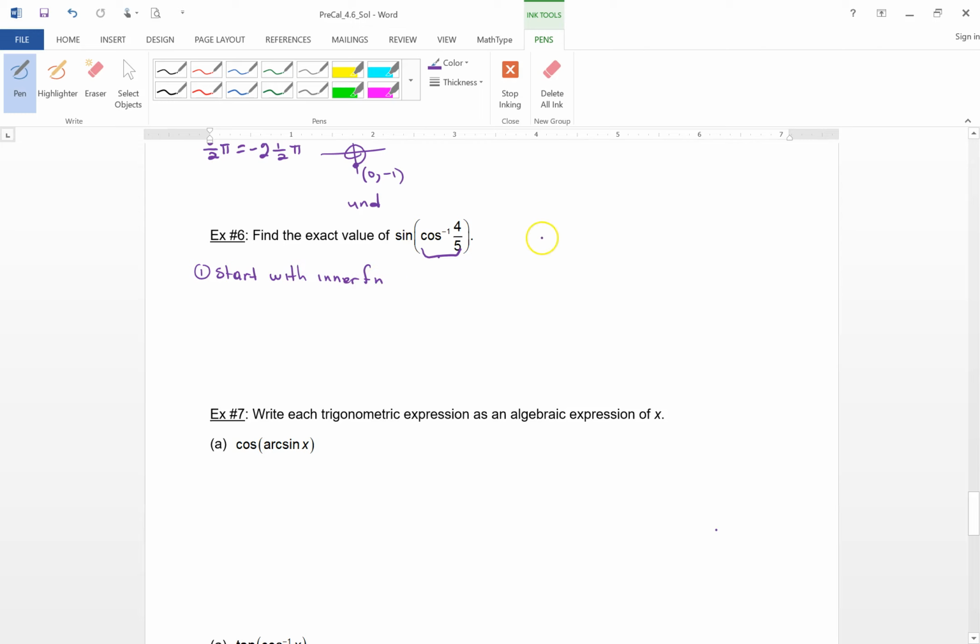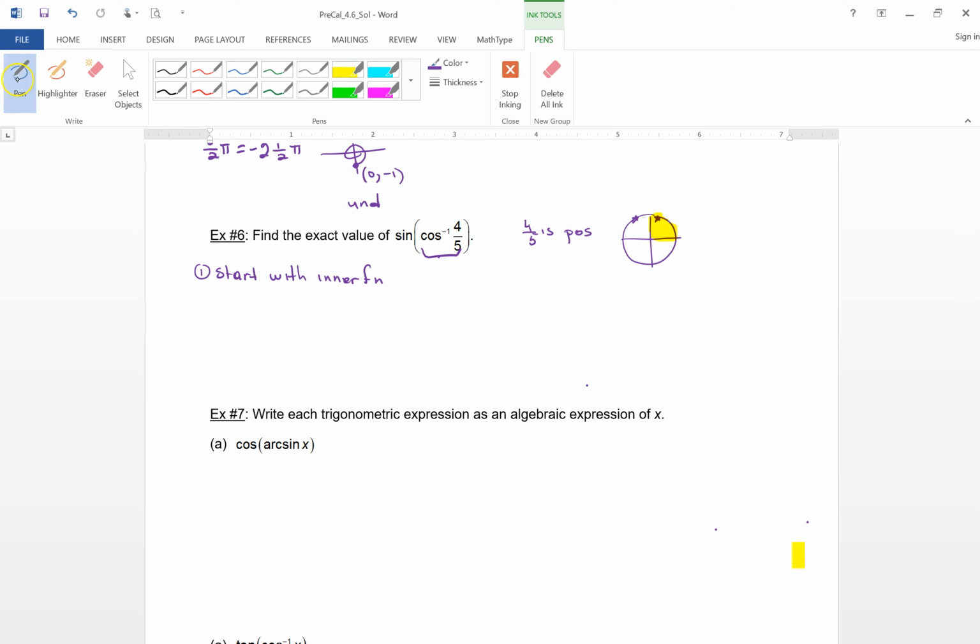All right, now, the cosine is positive here, right? So 4 over 5 is positive. In what two quadrants does inverse cosine live? The first and second. But if 4 over 5 is positive, then which quadrant do I want? The first one. Okay? Just set that aside for a minute.